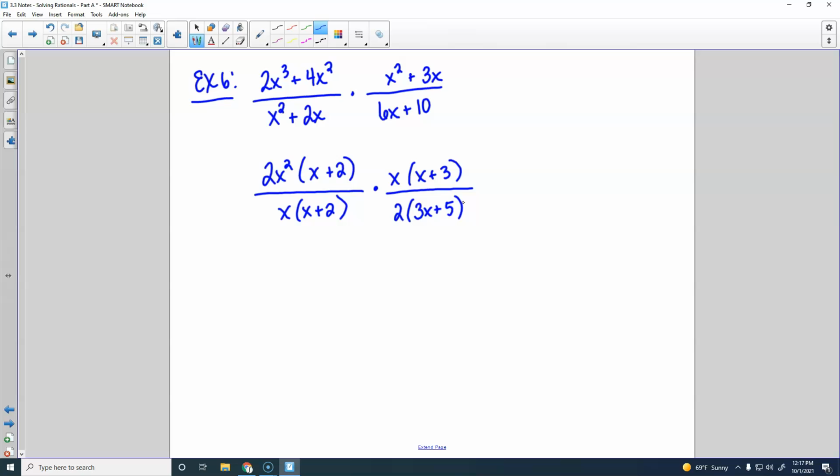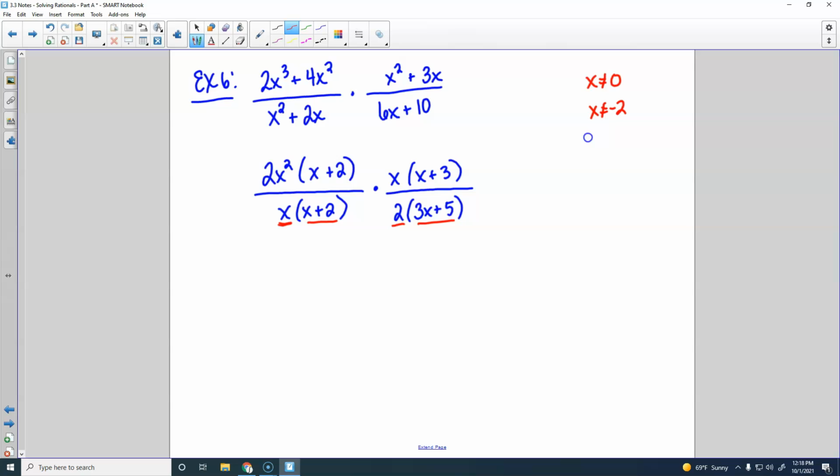So we need to do excluded values before we start canceling. So with this x right here, I'm going to have x cannot equal 0. This part is going to be x cannot equal -2. This 2 doesn't do anything because 2 doesn't equal 0, so you don't have to worry about it.